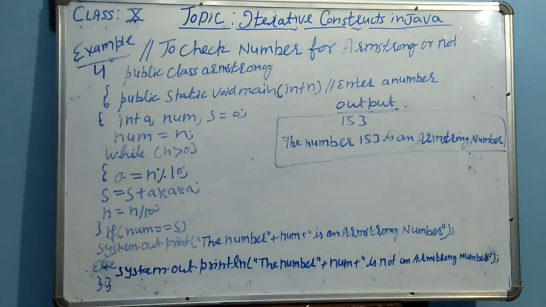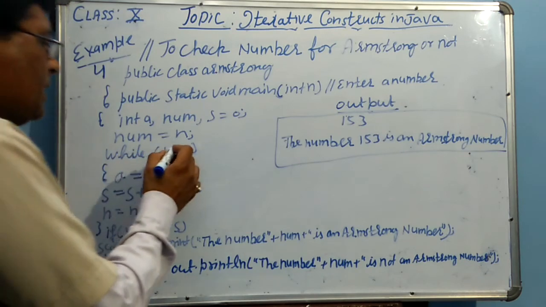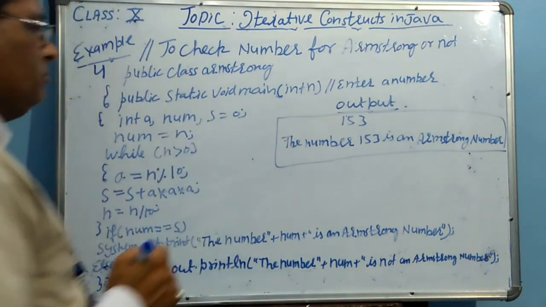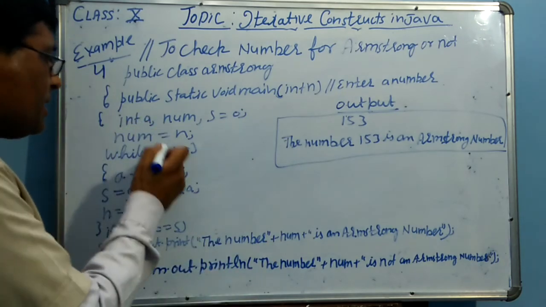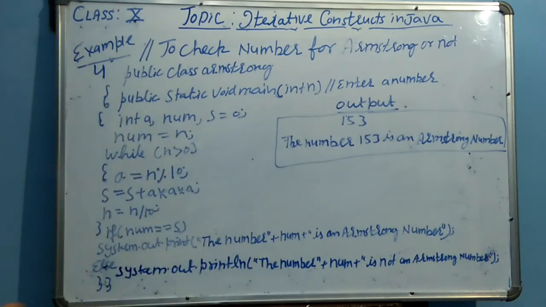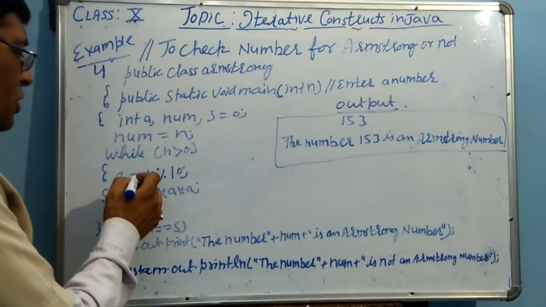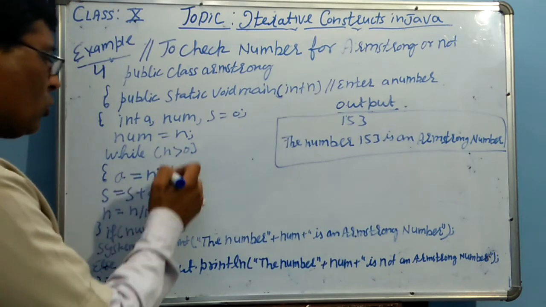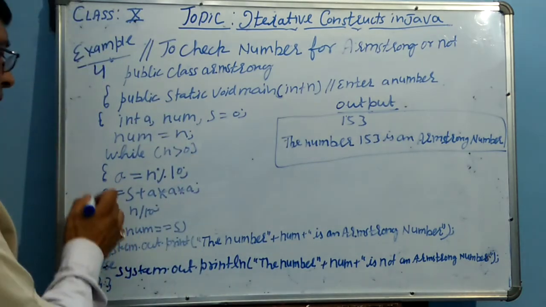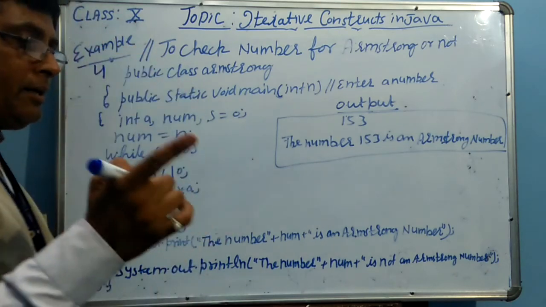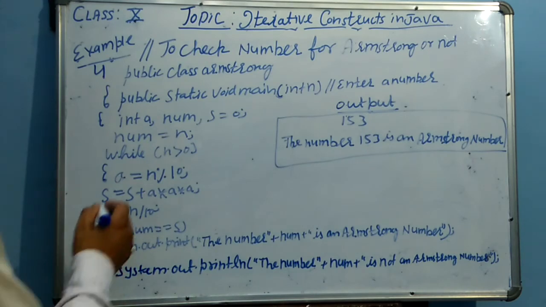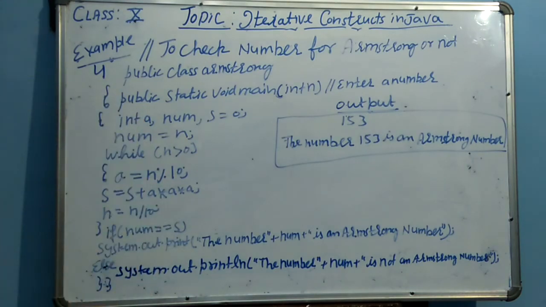Now it will check the conditions: while n is greater than 0. I have just explained. While n is greater than 0, a is equal to n modulo by 10, s is equal to s plus a multiply a multiply a. I have explained already. And n is equal to n divided by 10.